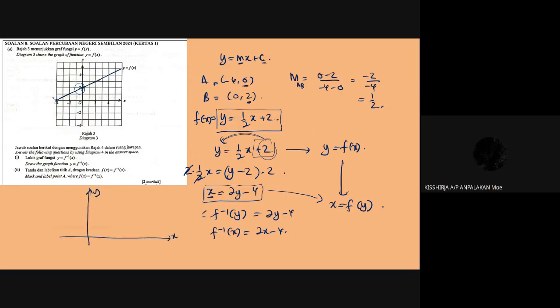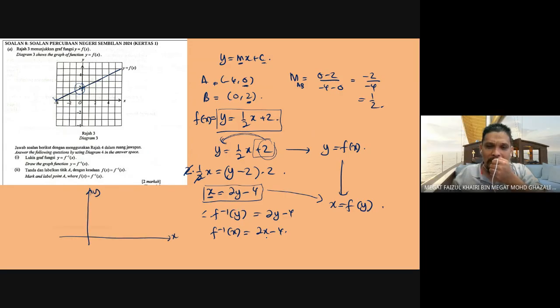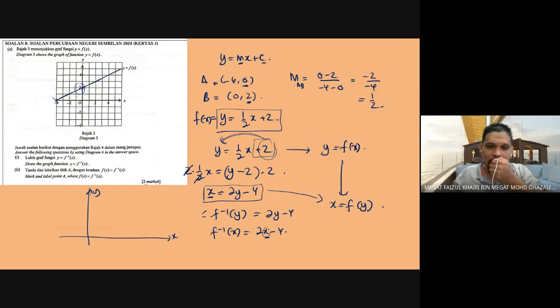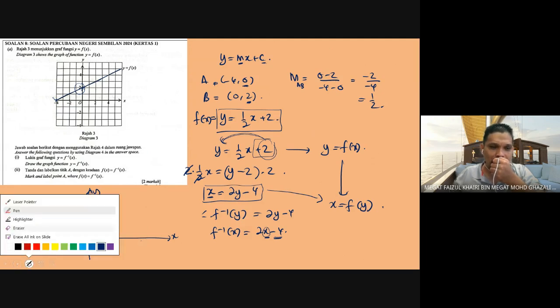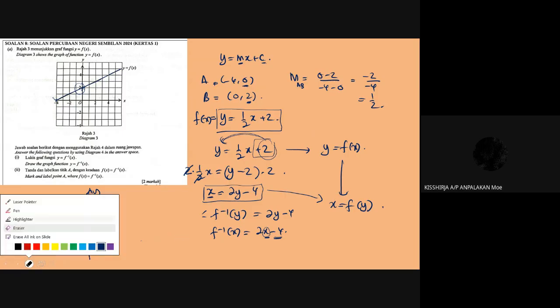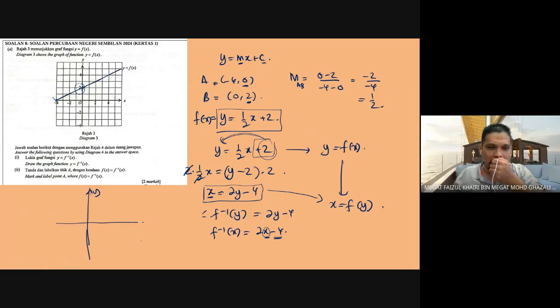When x equals 0, y equals negative 4. So then 0 and negative 4, negative 4 somewhere around here.